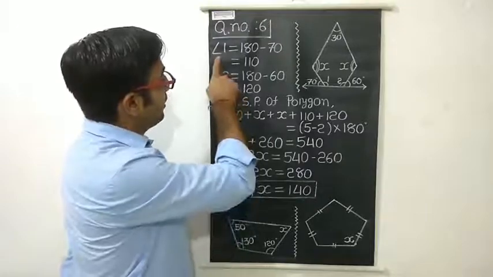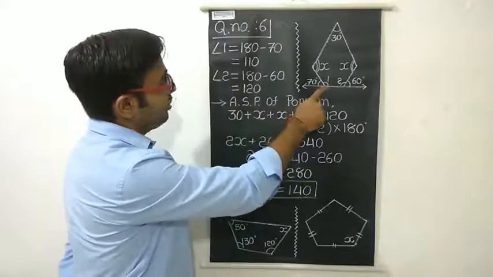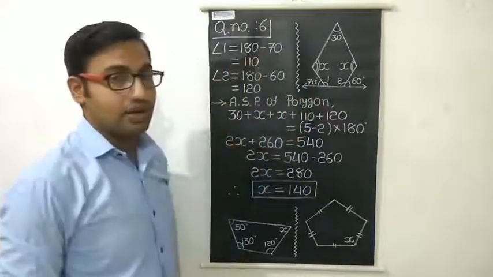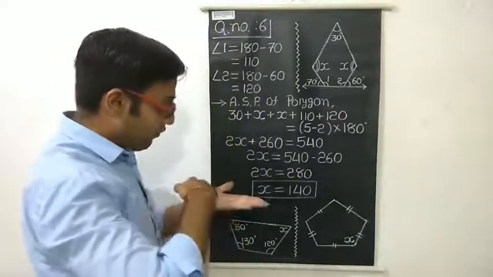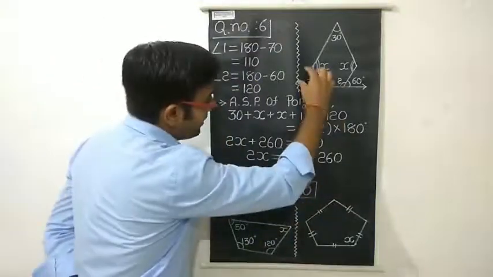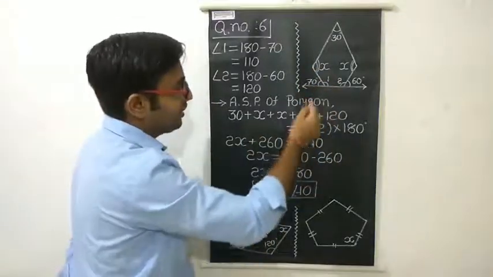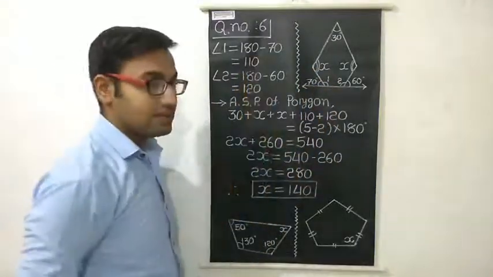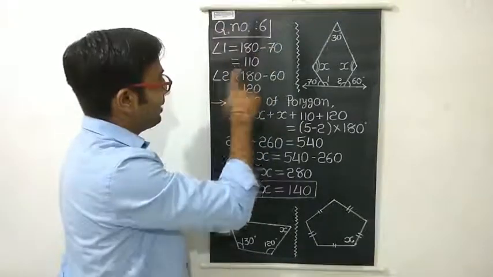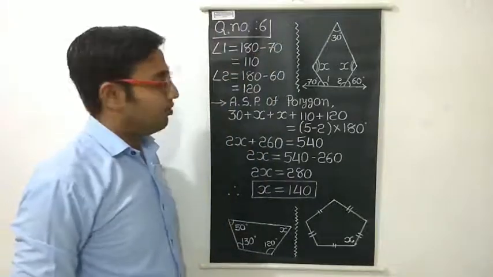So angle 1 is equal to 180 minus 70, because out of the total 180 degrees, 70 degrees is the outside angle. So angle 1 is equal to 110.